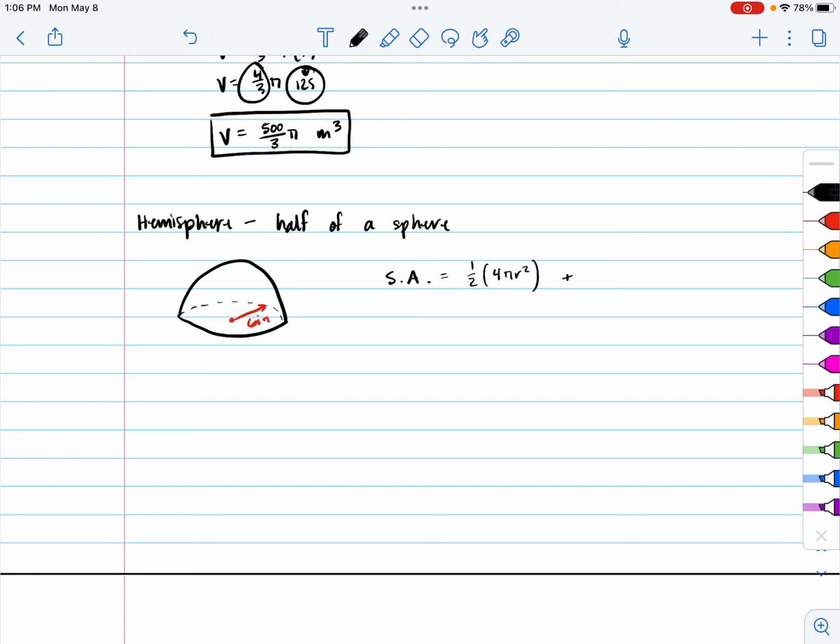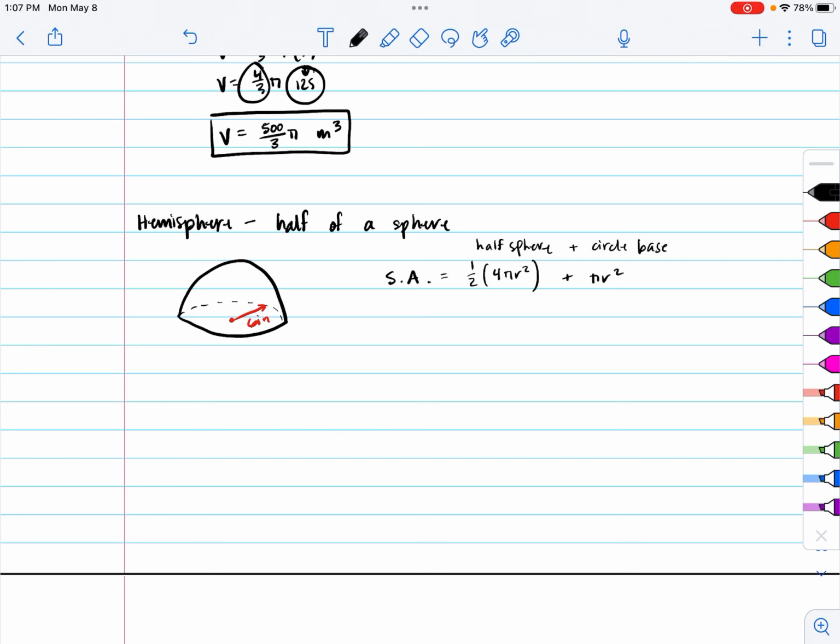So we're going to add on the bottom part to it. And since we know that this is a circle base, we could add on a pi r squared. Okay? So here's your half sphere plus the circular base, because this has become surface area.